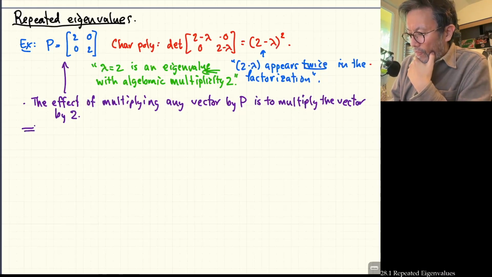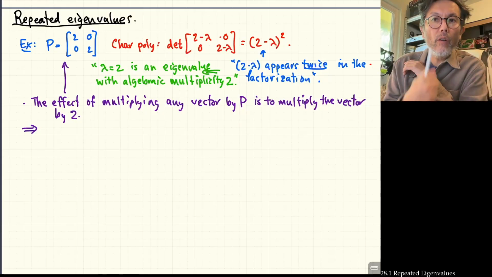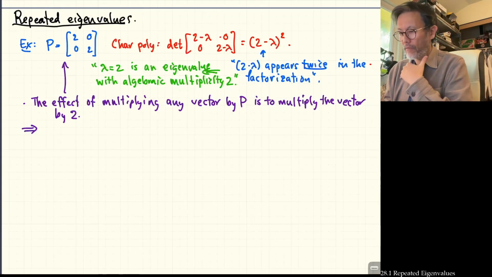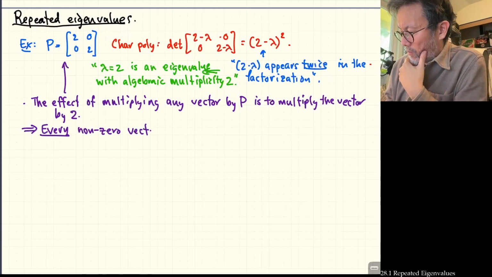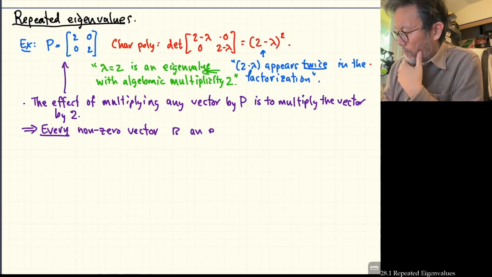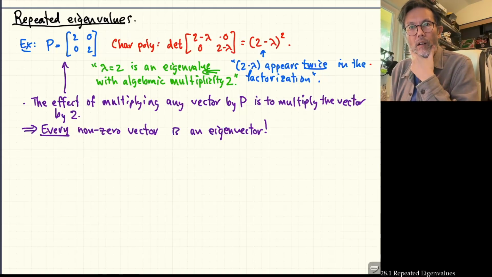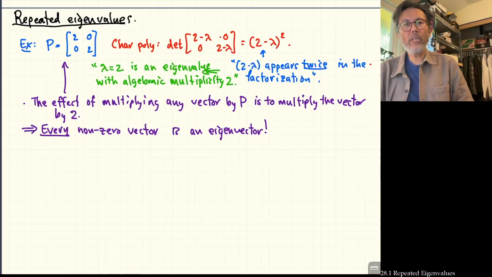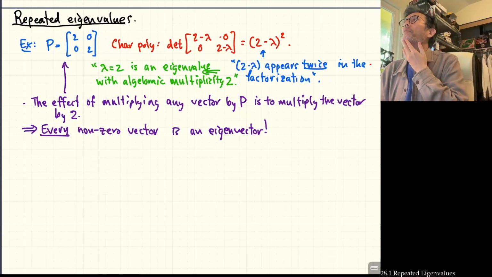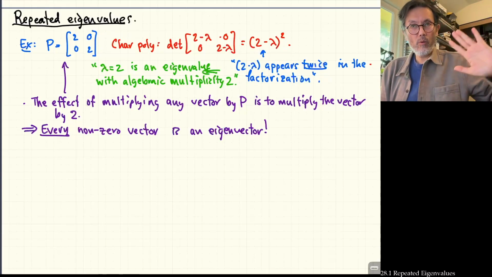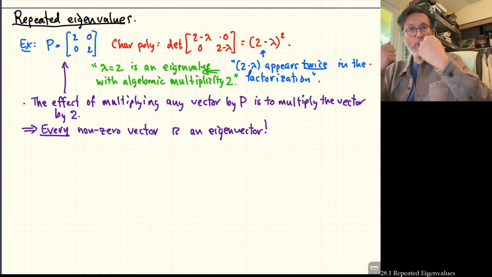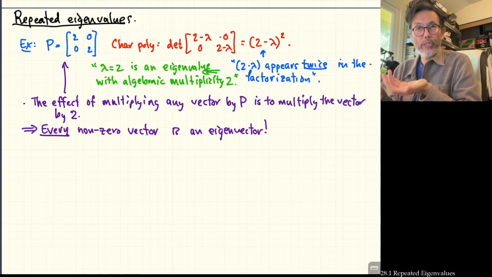An implication of this is that every non-zero vector is an eigenvector of P. So what that means is that we can find 2 linearly independent eigenvectors really, really easily.